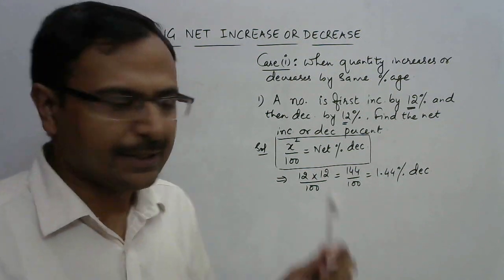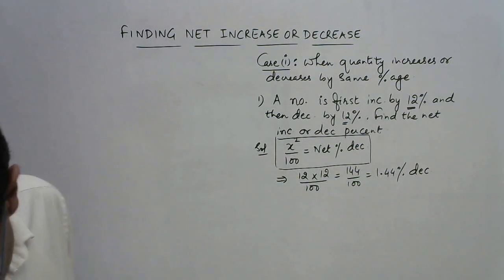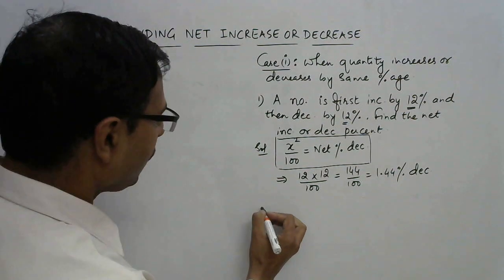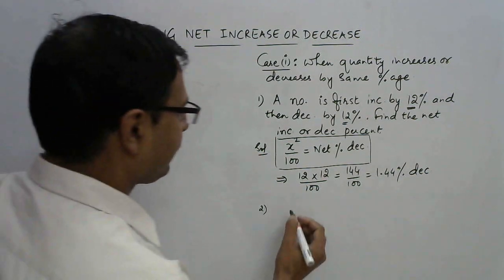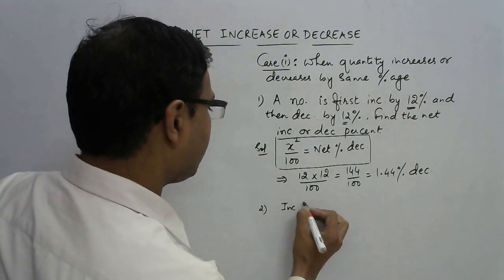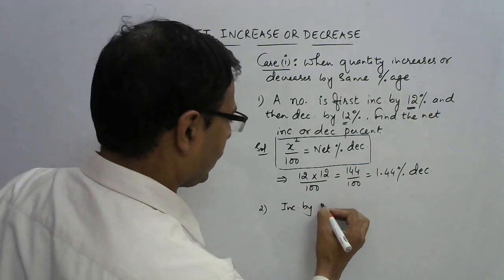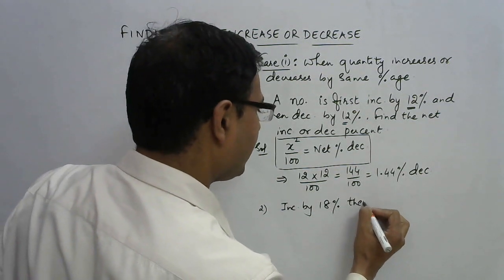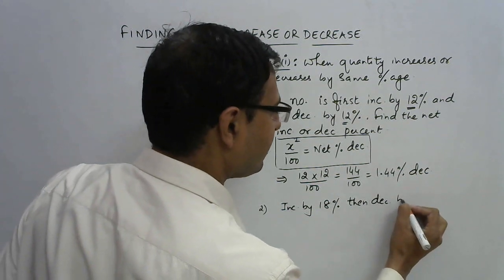Okay, based on the same example, we have one more question, then we will get to the other things. Here you have increase by, okay, let's take 18%, then decrease by 18%.